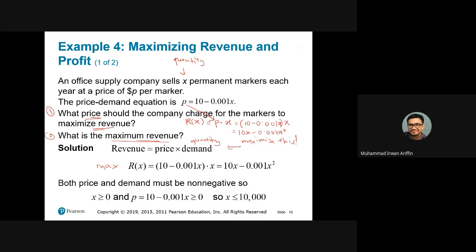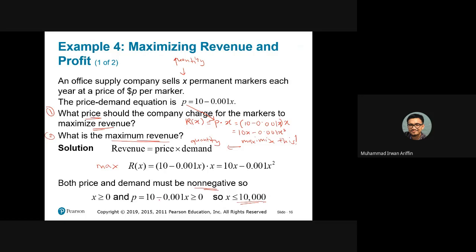And we also know that both P and Q must be non-negative. They can be 0, but they cannot be negative. So quantity must be non-negative and price must also be non-negative. So based on this, we know that the quantity must be less than or equal to 10,000.